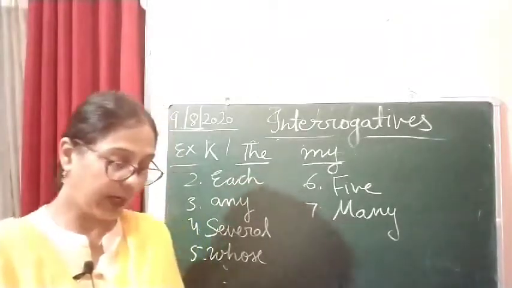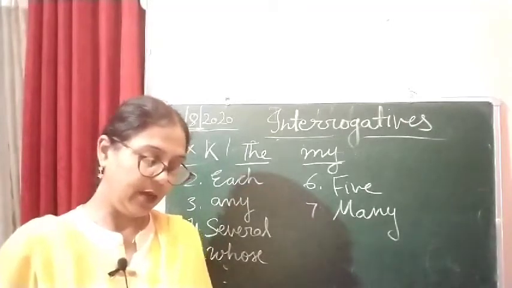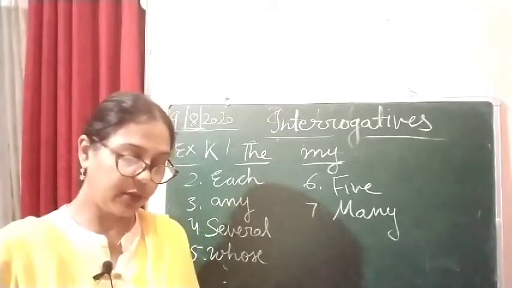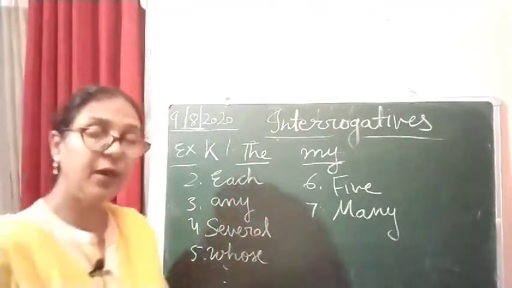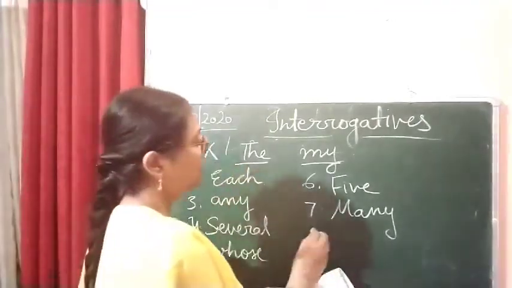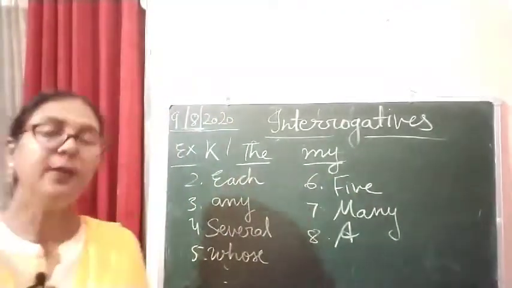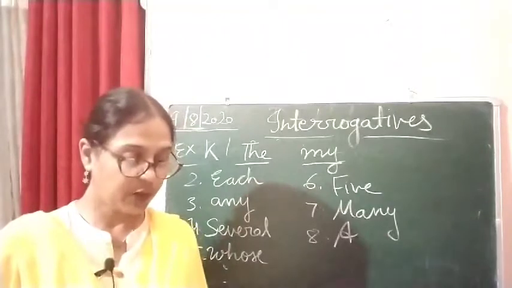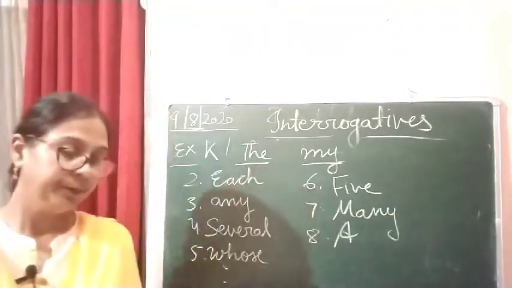Now we are moving to number 8. Number 8: a or any beggar stood at my doorstep seeking alms. Now what are we going to choose? We are going to choose a. A beggar stood at my doorstep. So this way we have completed all the determiners.